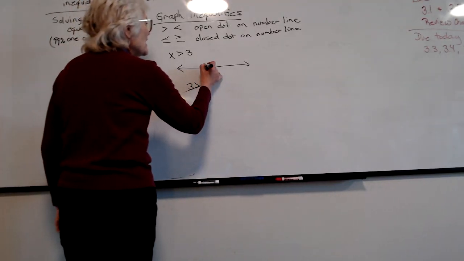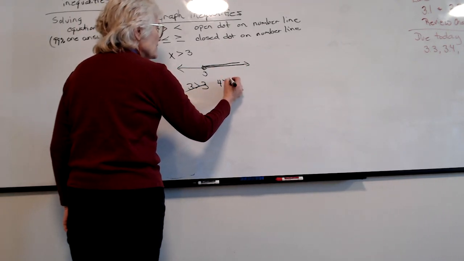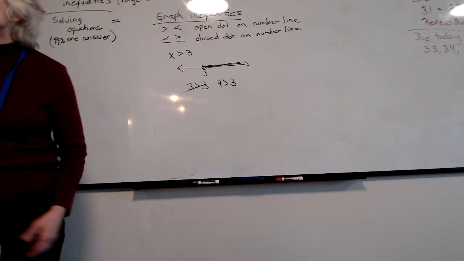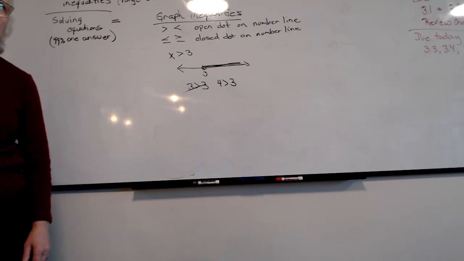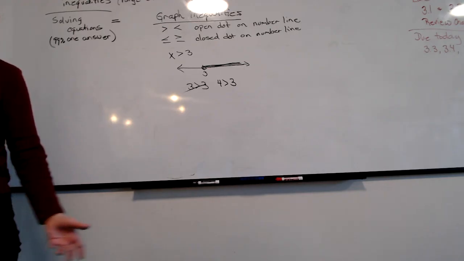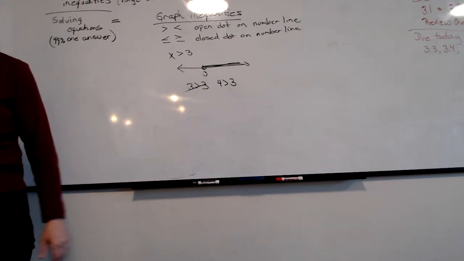And then you would shade where they're larger. So since 4 is greater than 3, we shade this direction. 5 is greater than 3, 6 is greater than 3, so we shade towards the direction of the answers. Now we can't give all the answers. We can give a sample of answers, but numbers that are greater than 3 could be 3 1/2.